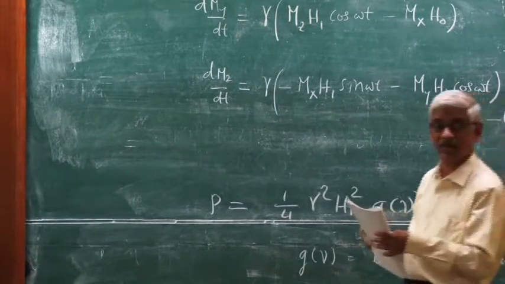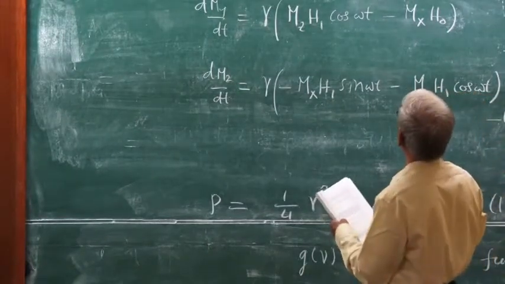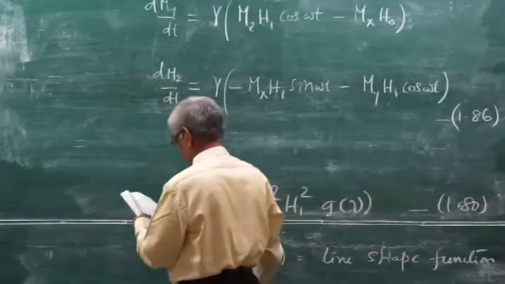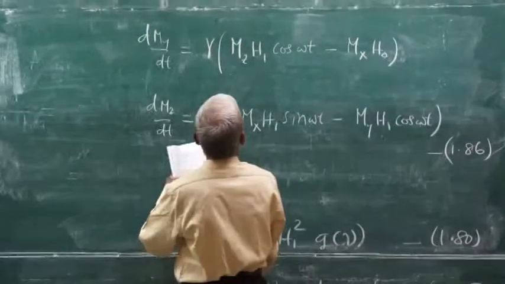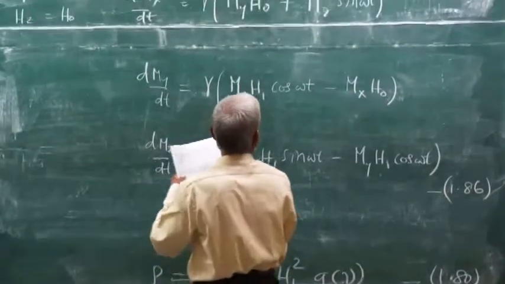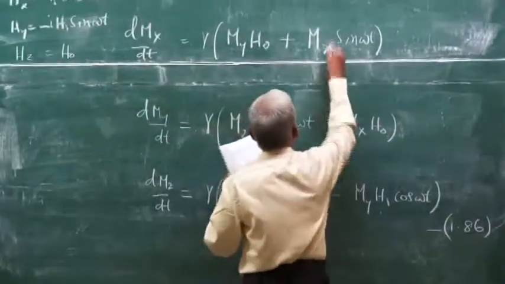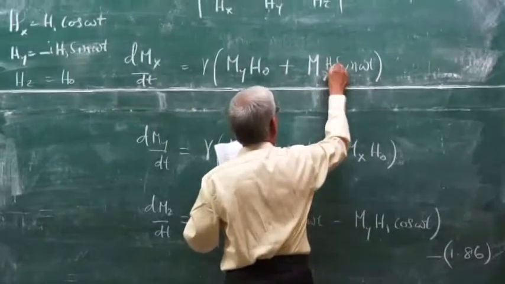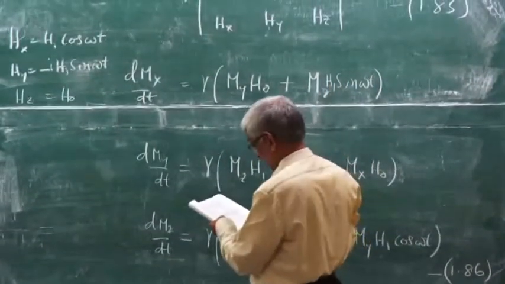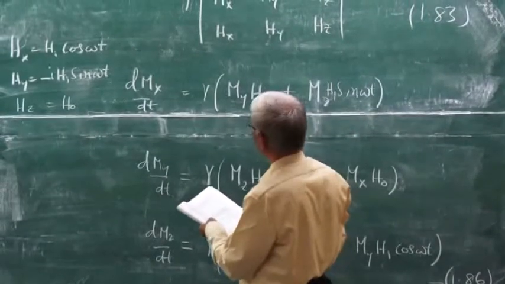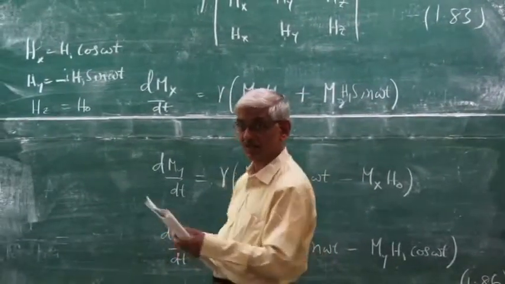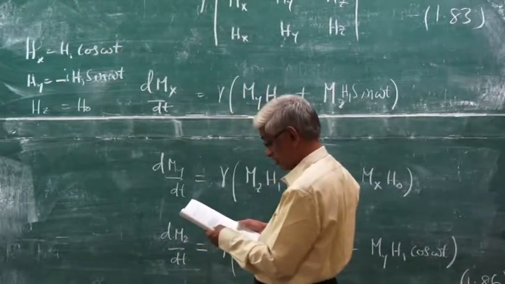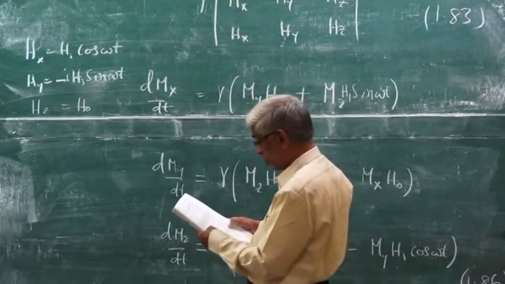In the first equation, there will be H1. Yes. And Hy is minus H1 sine omega t. So you get a minus sign, no?